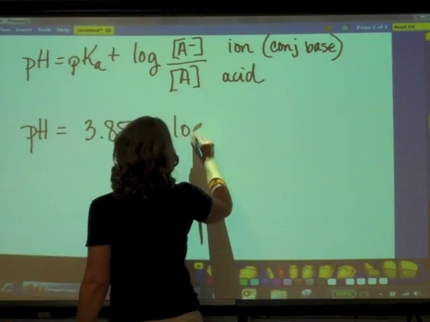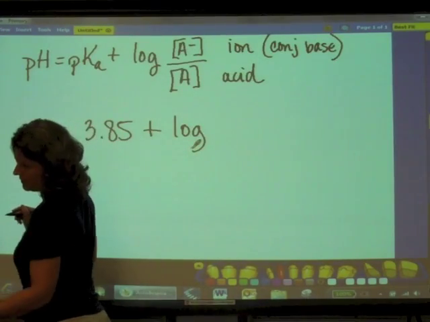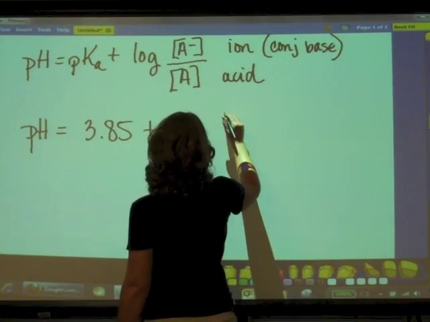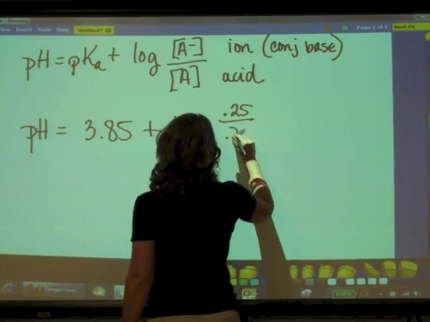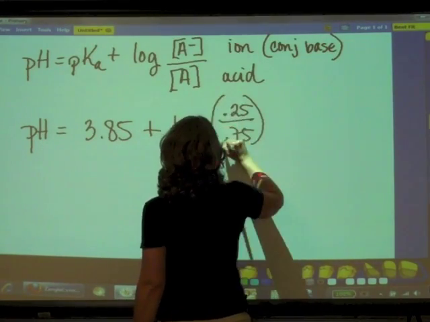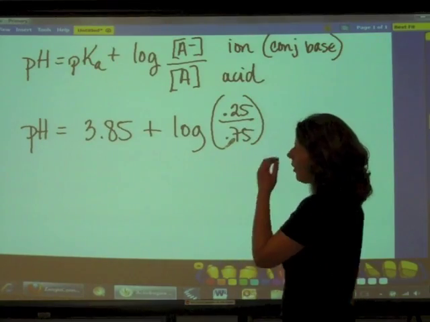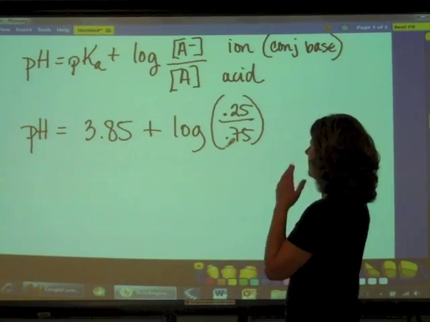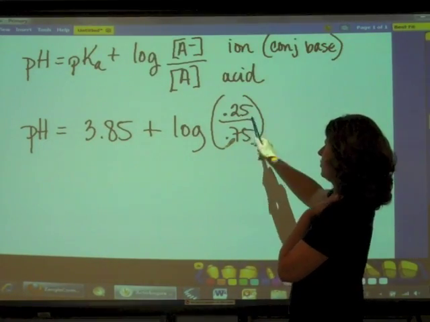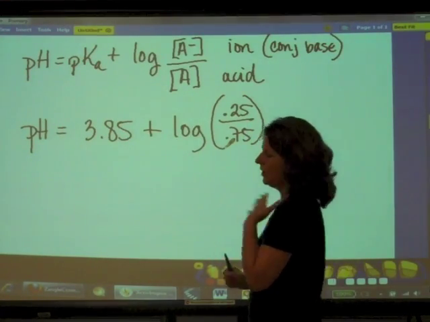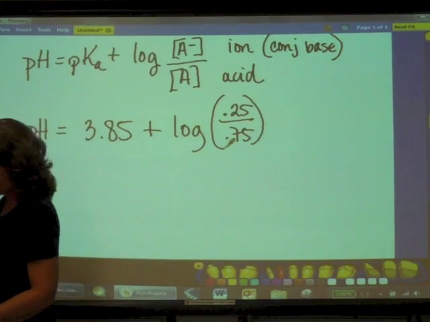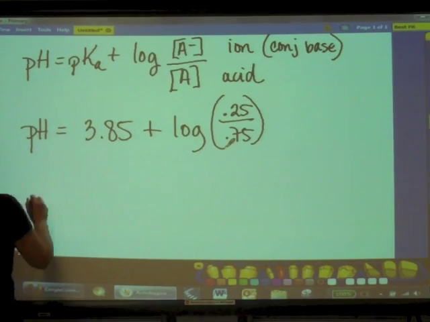And we're going to take the log of 0.25 divided by 0.75. You guys, and it's the entire quantity. So you find this quotient, and then you take the log of the quotient. So try to put it in your calculator right now and see what you get.